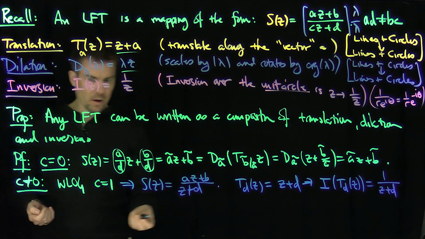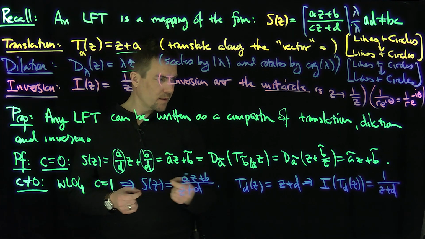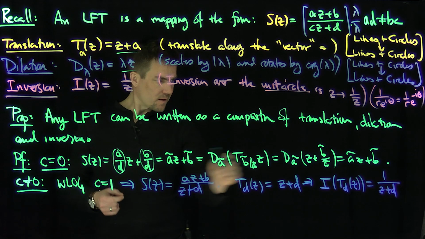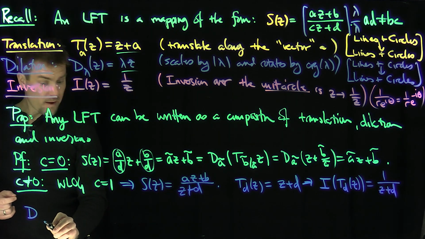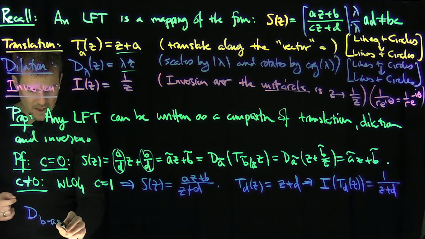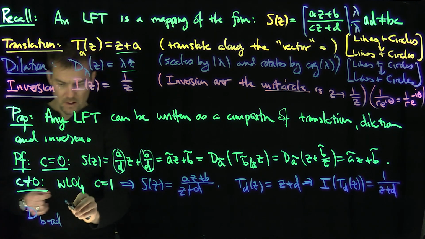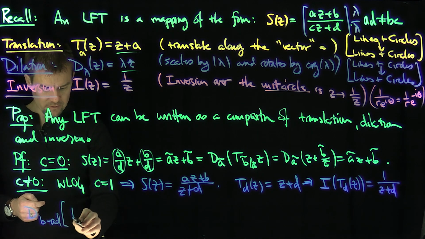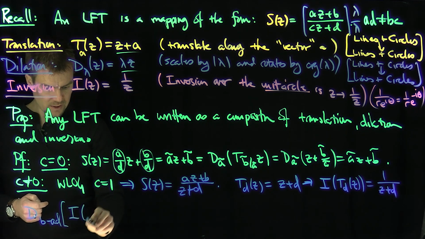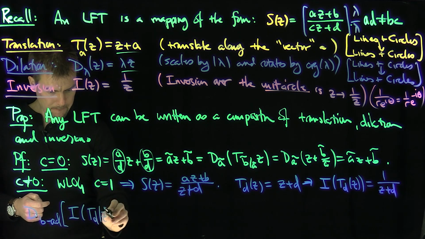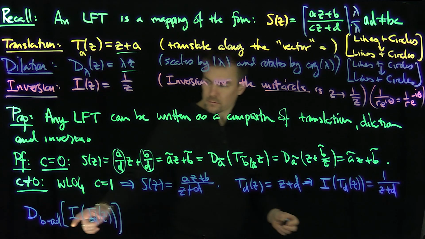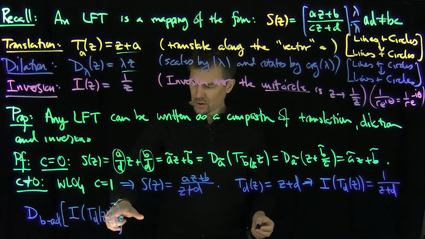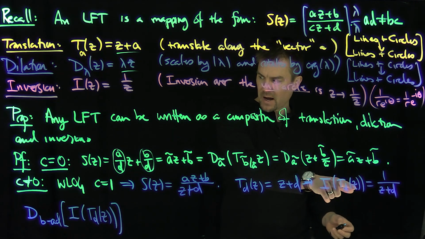Then here comes the only tricky part. I need a b, and then I have to subtract off a times d. So the next step is to do dilation by b minus ad of inversion of T_d of z. I'm going to scale this by b minus ad.